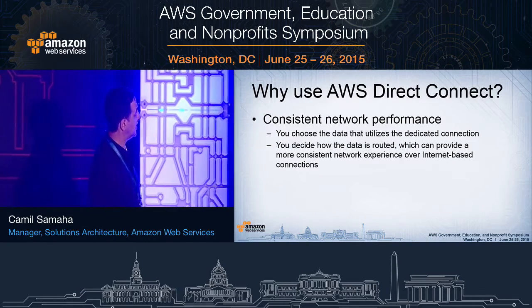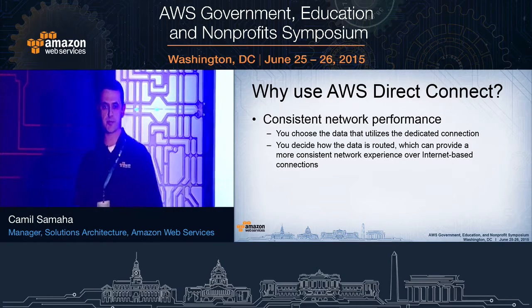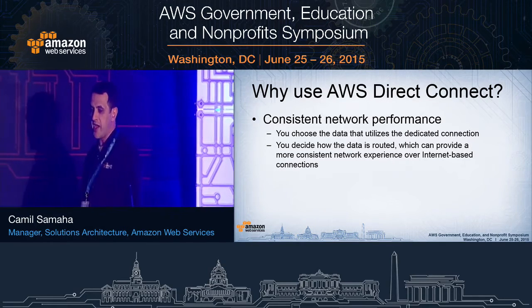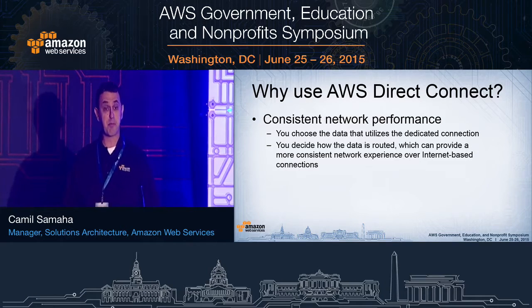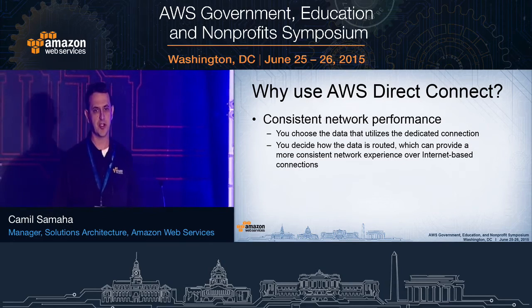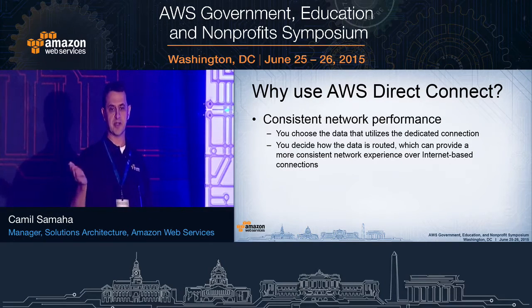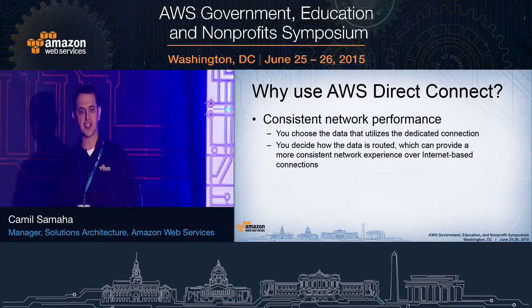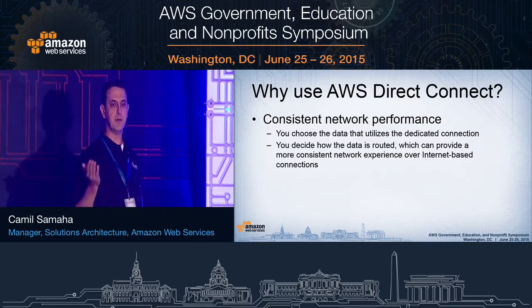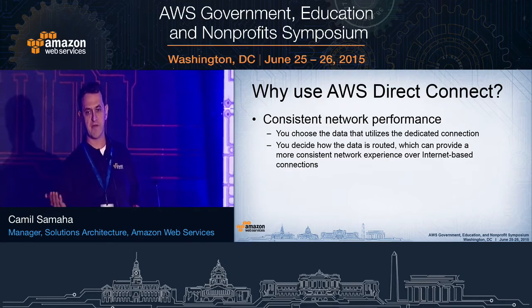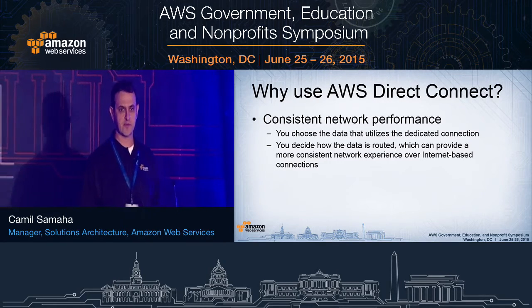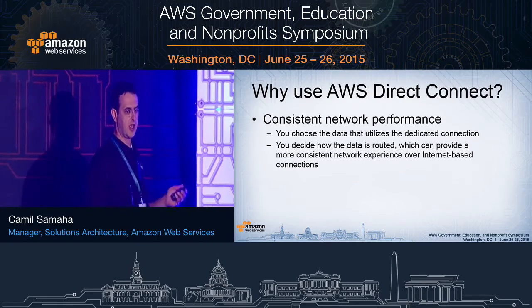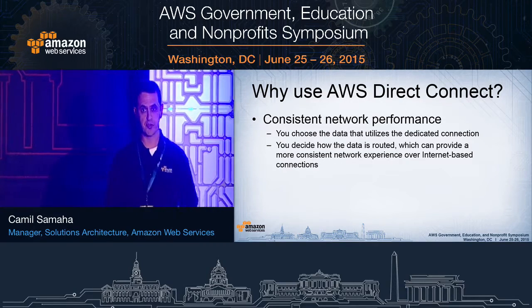First of which is consistent network performance. Nowadays, the internet has plenty of bandwidth. That's not an issue, but there's often variability in the performance, and depending on the application that you are running, some applications are not very tolerant to that variability. So if you're looking for consistent performance, Direct Connect is able to deliver that.